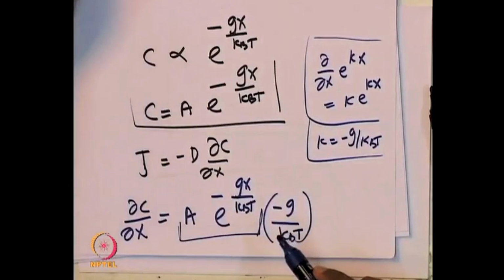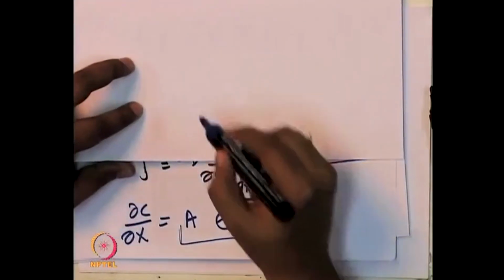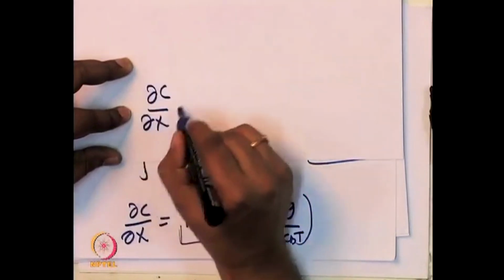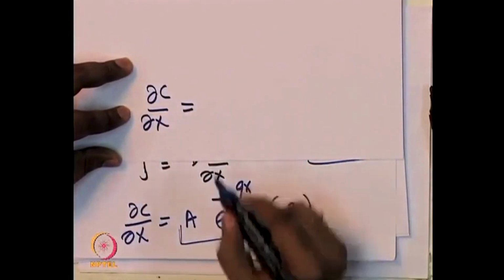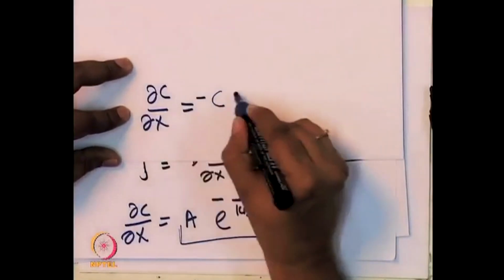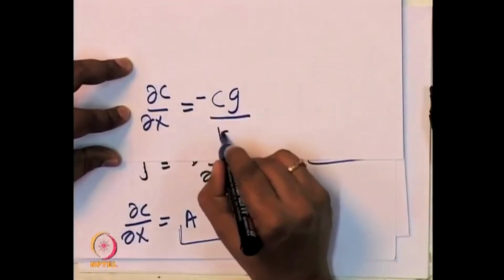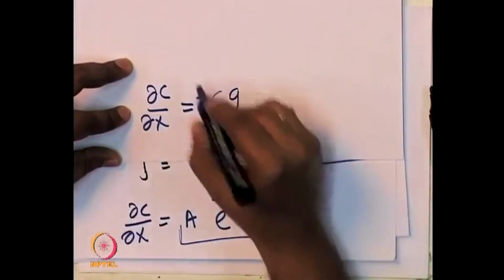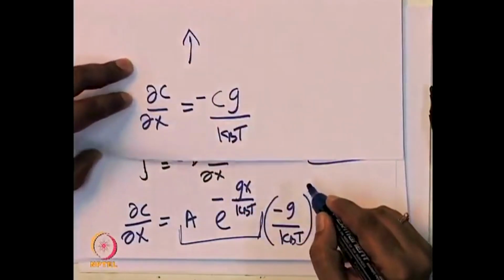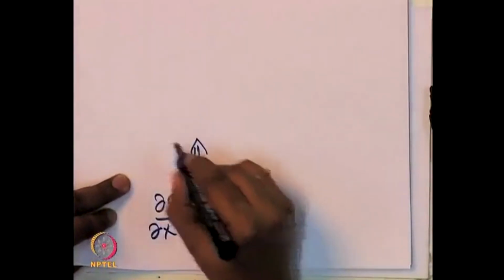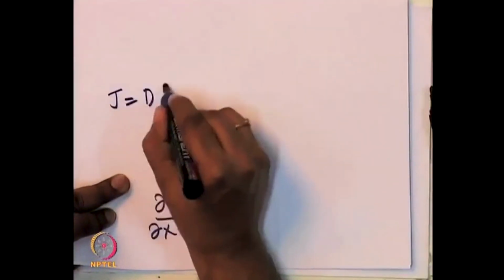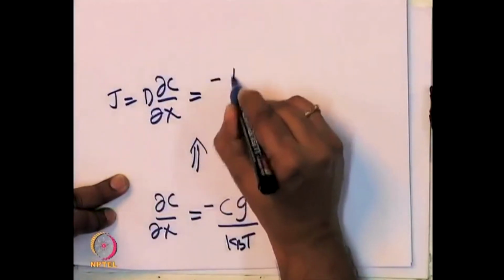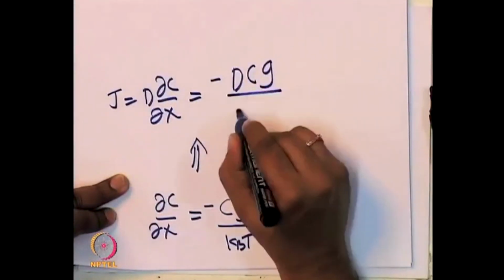So del C by del x is nothing but C itself times minus g by kbT, that is, minus C g by kbT. So what does this mean? This implies that J, which is minus D del C by del x, is D times C times g by kbT.